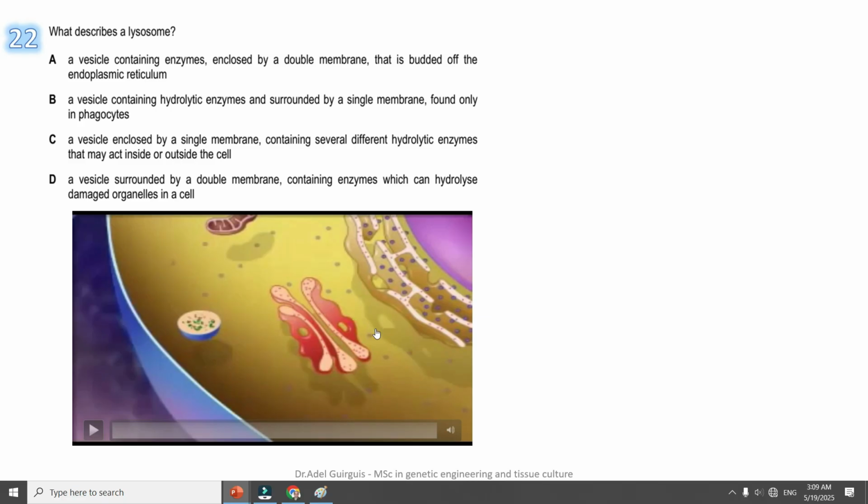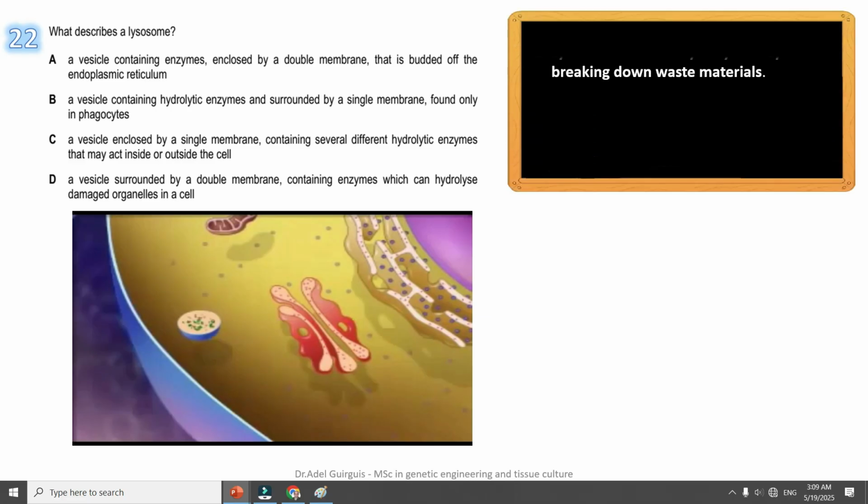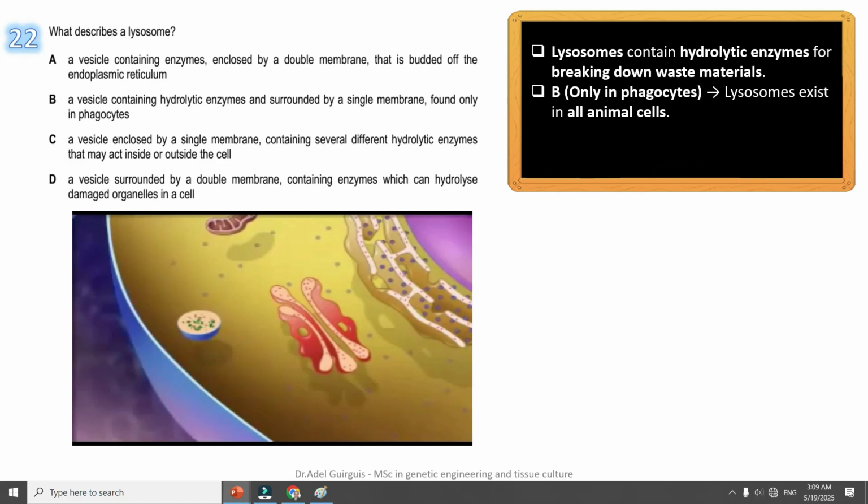Lysosomes, a single membranous structure, not a double, containing a lot of hydrolytic enzymes, found in all animal cells, not only found in phagocytes. Look please. It has a lot of numbers in phagocytes, but is found in all animal cells. Lysosomes contain hydrolytic enzymes for breaking down waste materials, or even worn out organelles like mitochondria.